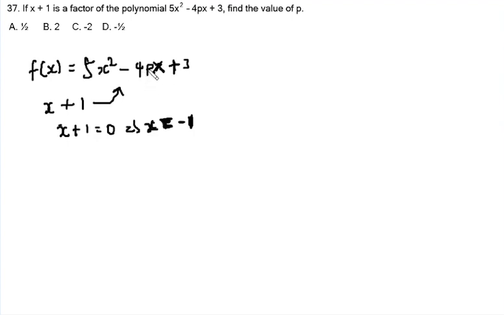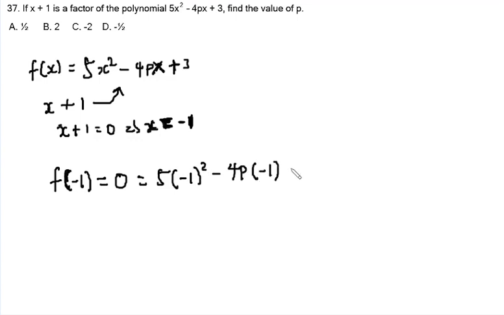So that means that f of minus 1 is equal to 0, and then this is equal to 5 open bracket minus 1 squared, minus 4p times minus 1, plus 3.